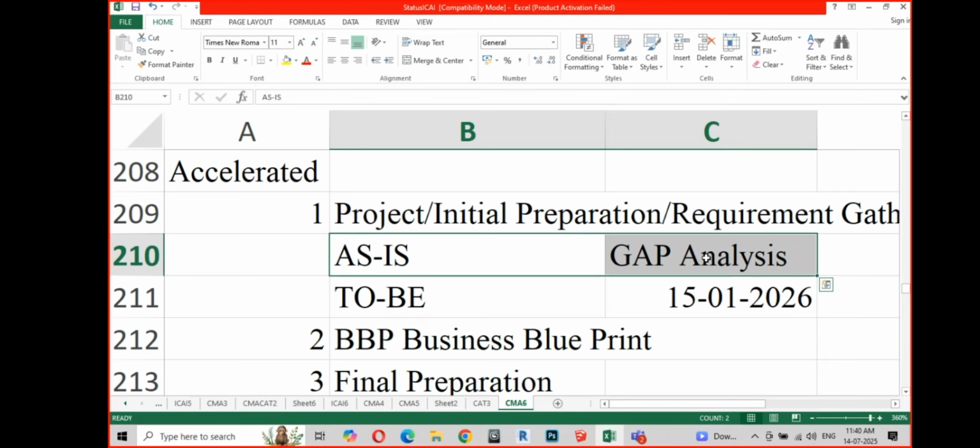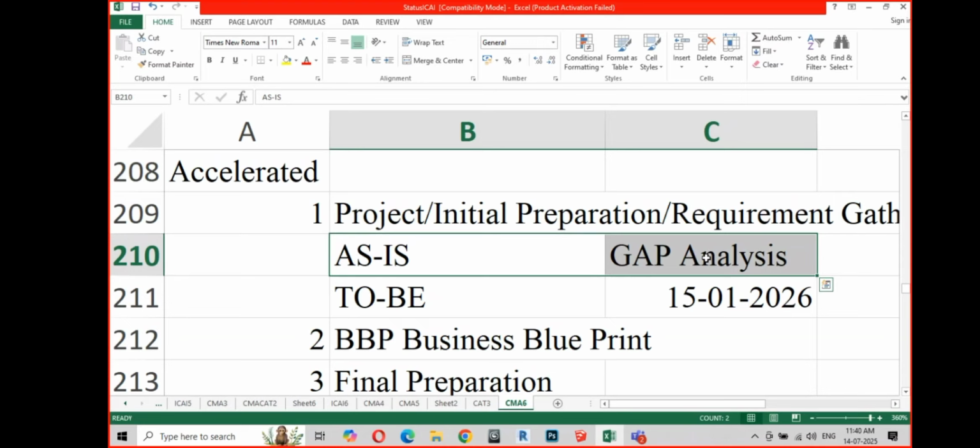Now, the first step of the SAP project has happened. So both the companies are happy and they have decided that they have to go ahead with the SAP project. Now, as a second step, what is the second deliverable? A document is prepared in the second phase of the project discussion.